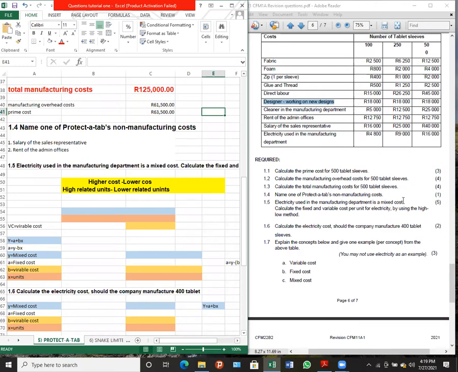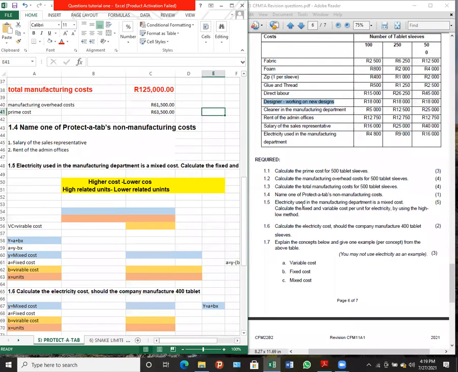The important thing is to understand the concept. In short, a mixed cost is a cost that is a mix of fixed cost and variable cost. That is why we say this cost is a mixed cost, because it's a combination of variable cost and fixed cost.